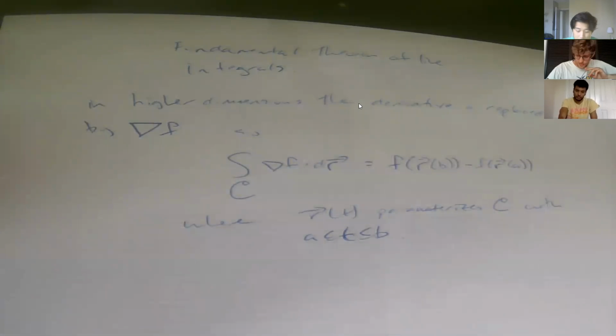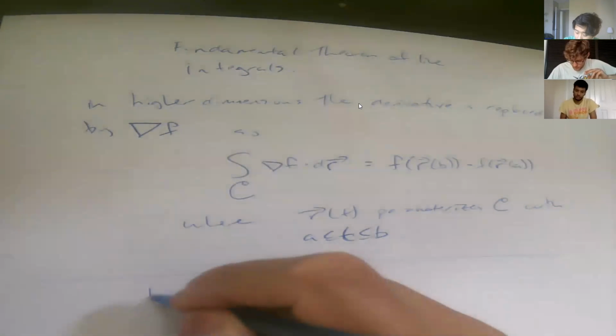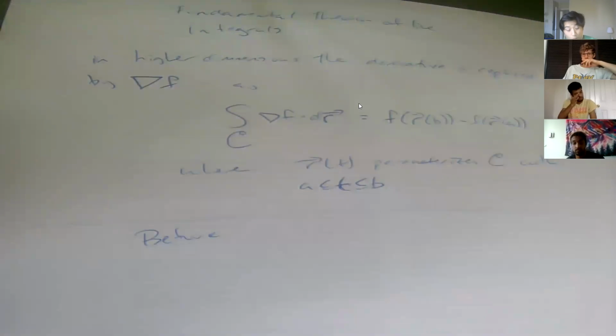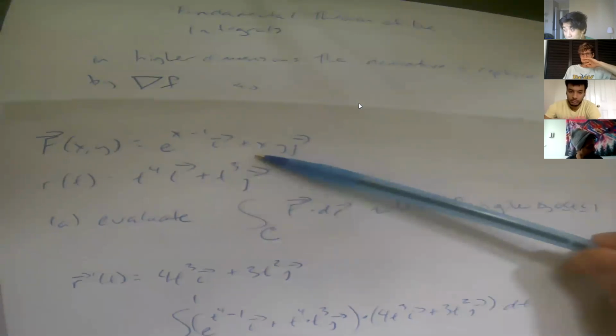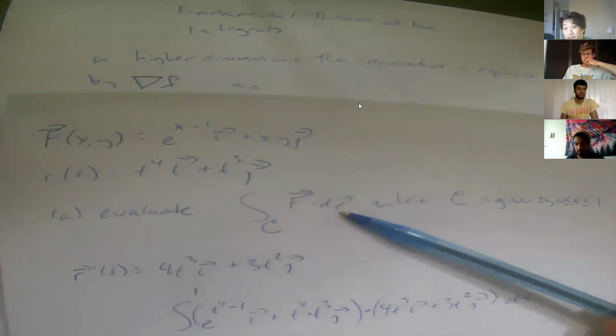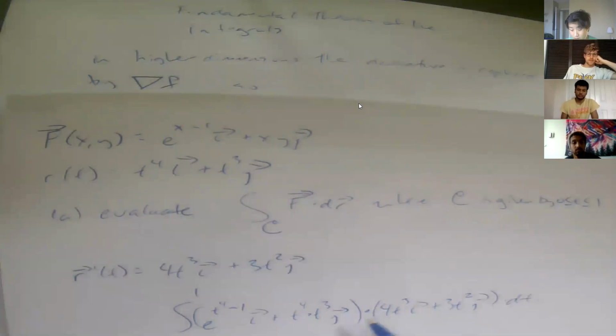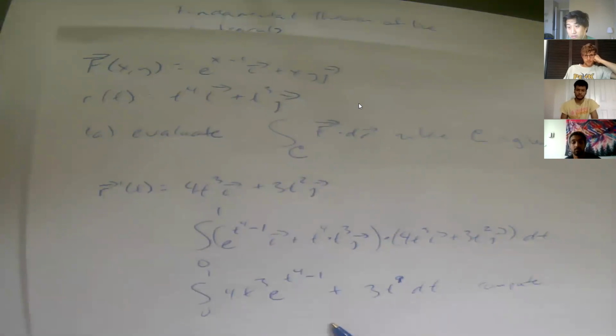Okay, so we literally just did this question right here, and we computed this integral the old-fashioned way. We parameterized the curve, we took a dot product, and we computed this integral, right?